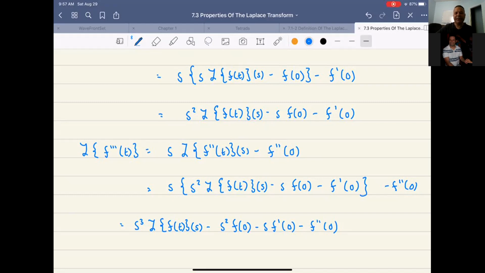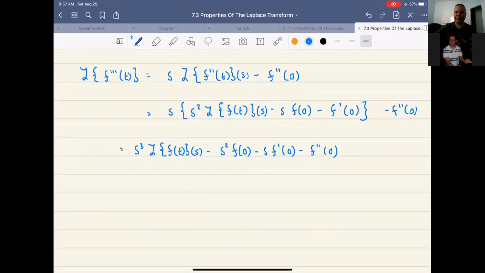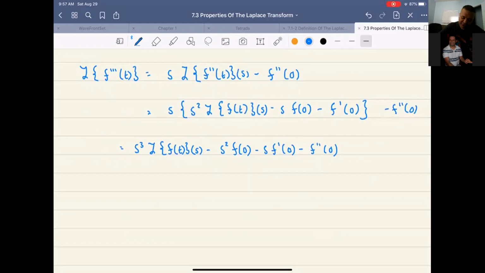Okay. Now, we're going to go ahead and pretend that we can do this as many times as we want, which we can. I'm not going to show the induction. But I think that you all can understand now how it's going to go.